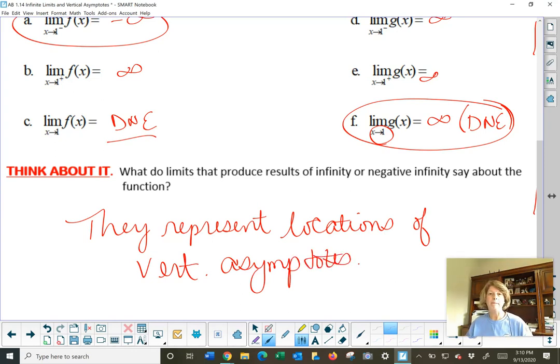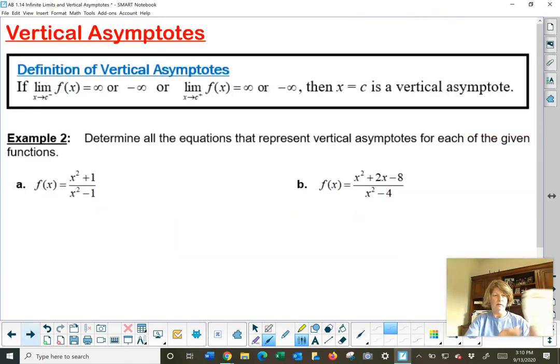Okay. Now, when we flip to the back side of your notes, page 2, we come into the definition of a vertical asymptote, and it goes, if the limit as x approaches c from the left equals infinity or negative infinity, or the limit as we approach c from the right equals infinity or negative infinity, then the vertical line, x equals c, is a vertical asymptote.